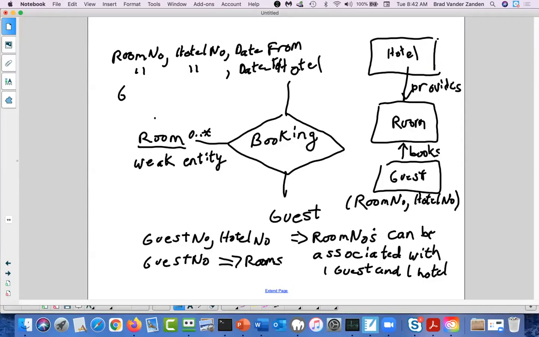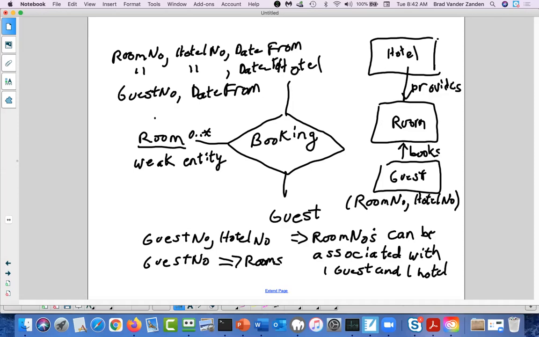You also had guest number and date from as a possible key. So it turns out there are 4 potential candidate keys for the room relation, for the room entity. So guest number and room number, hotel number form parts of different keys.